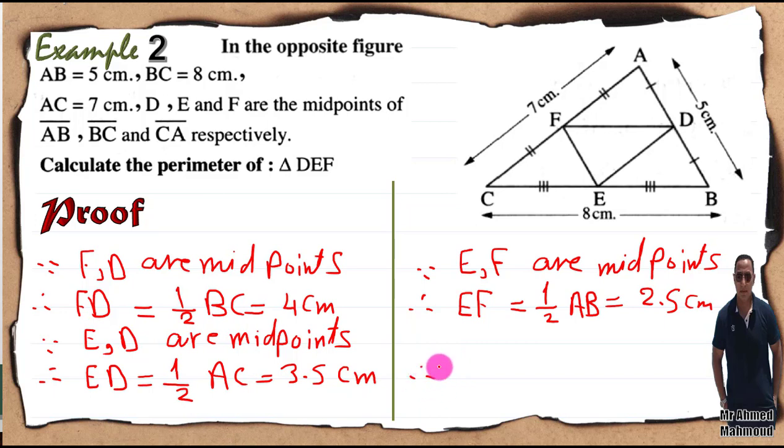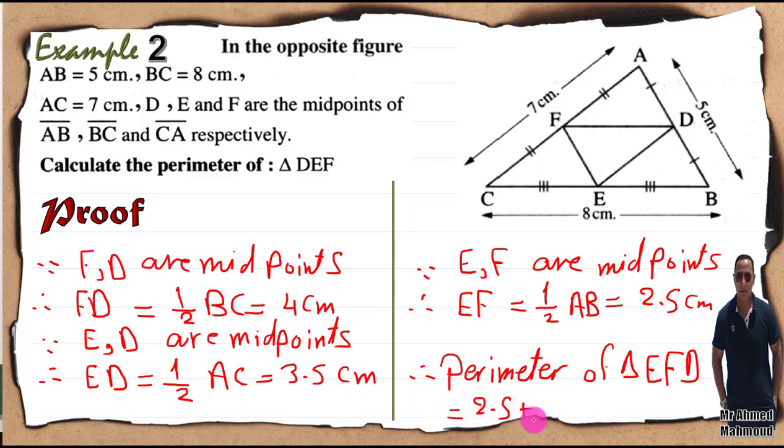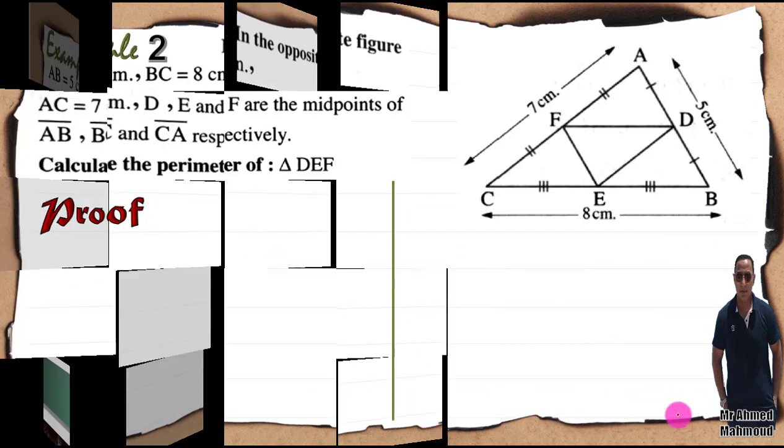Finally, therefore, the perimeter of triangle EFD equals 2.5 plus 3.5 plus 4 equals 10 centimeters.